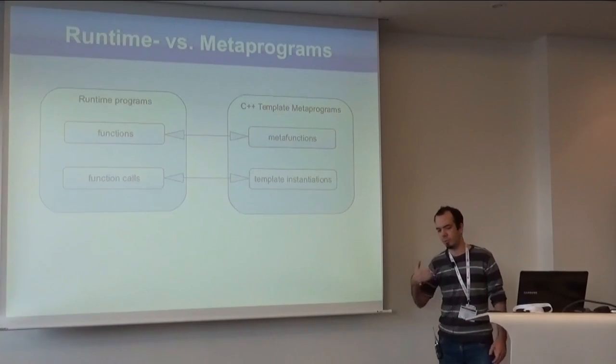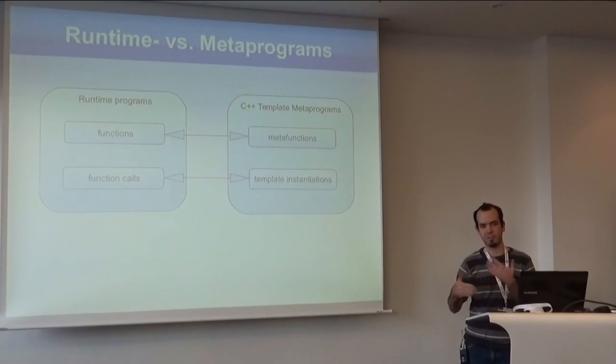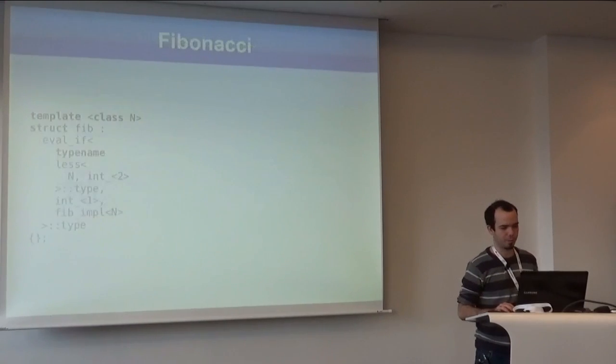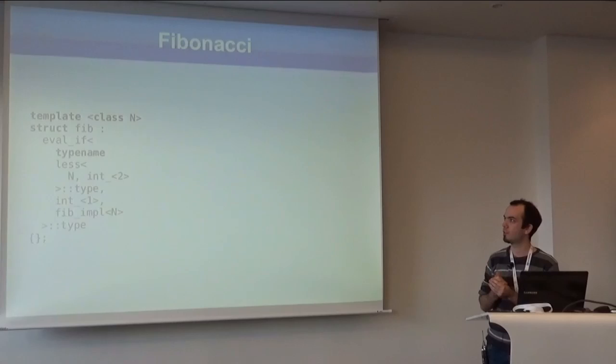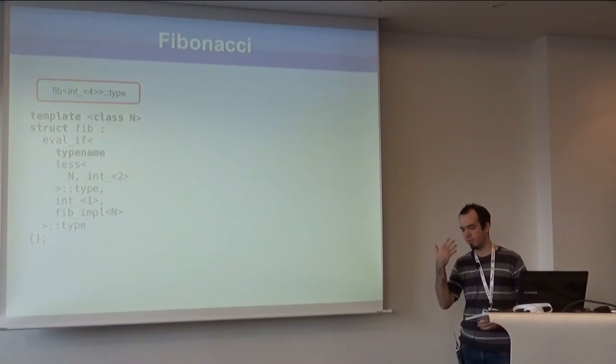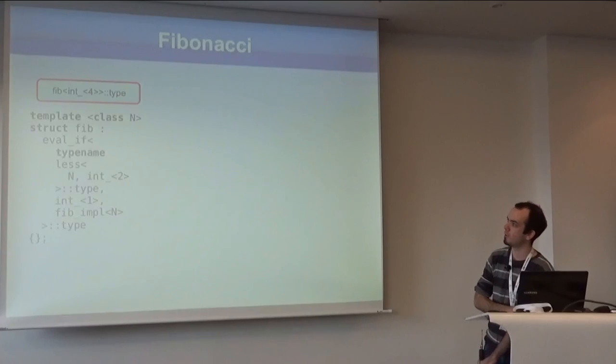And this is what we are going to take a look at, how types get instantiated. Okay, so let's take a look at Fibonacci. And we are going to take a look at how the compiler instantiates Fibonacci 4.